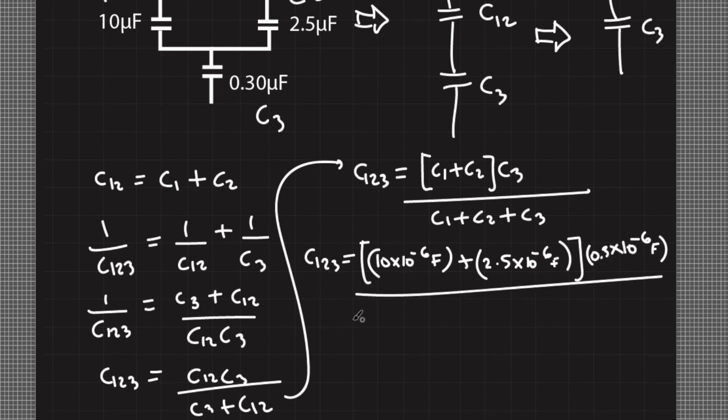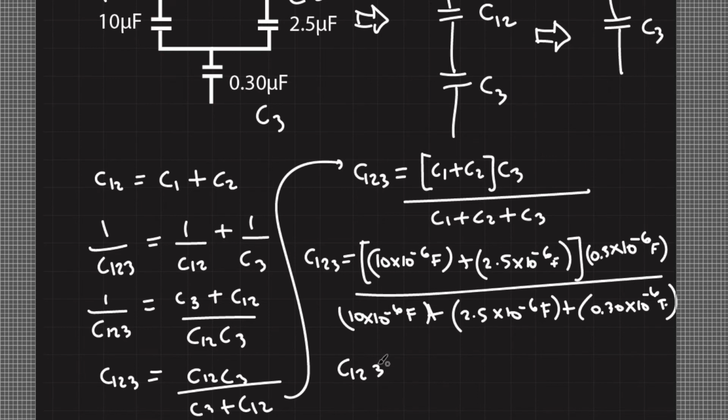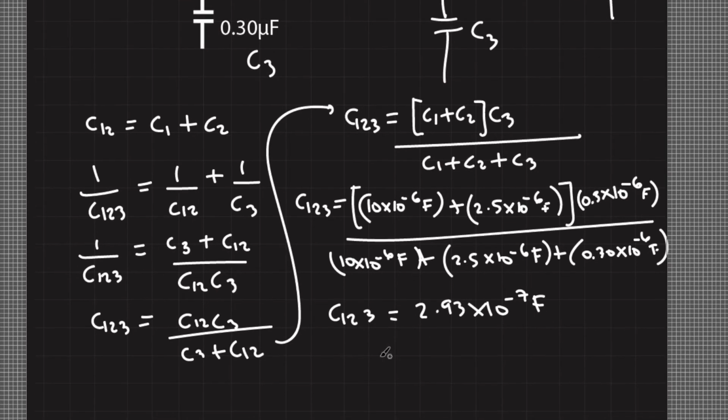C sub 1 is 10 microfarads plus C sub 2 which is 2.5 microfarads plus C sub 3 which is 0.3 microfarads, and the final value is 2.93 times 10 raised to negative 7 farads, or C sub 1,2,3 equals 0.29 microfarads.